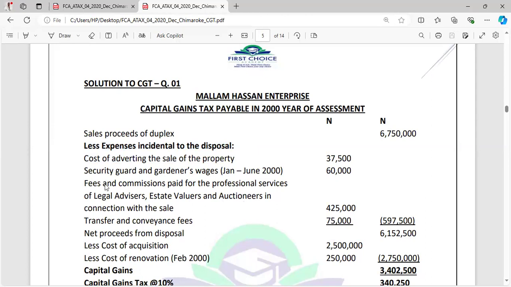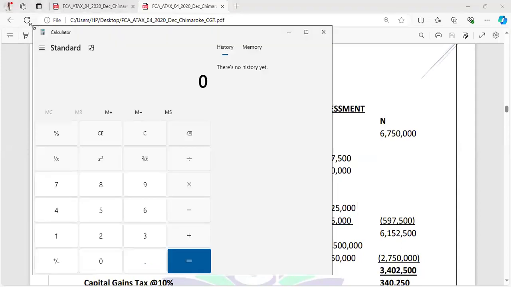We also have the fees and commission paid to all these professional people in connection with the sale, 425,000. Then of course we have the transfer and conveyance fees, 75,000.